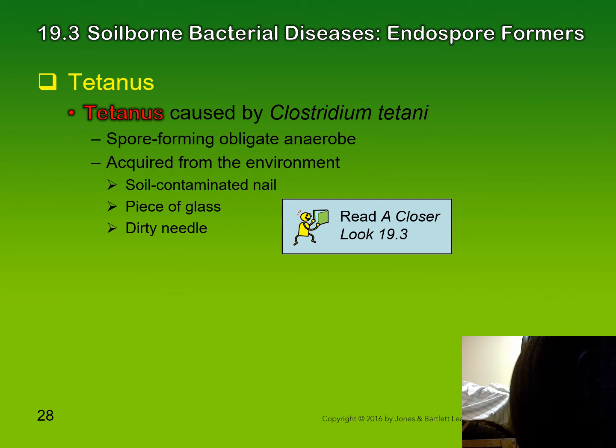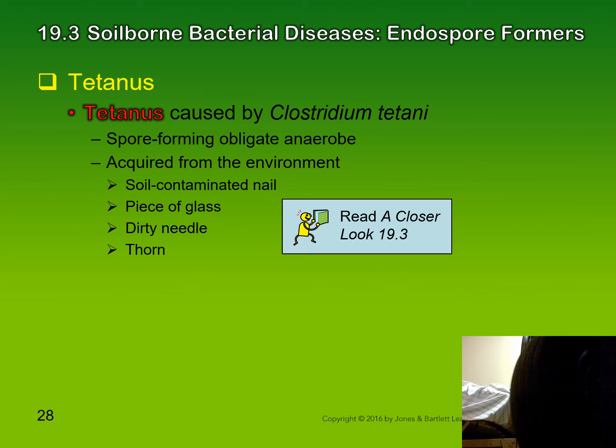That's how it's most likely spread: the nail or the piece of glass is contaminated with soil that has the spores on it, and then you step on the glass or step on the nail, and those spores get into your skin because the glass or the nail will pierce the skin.